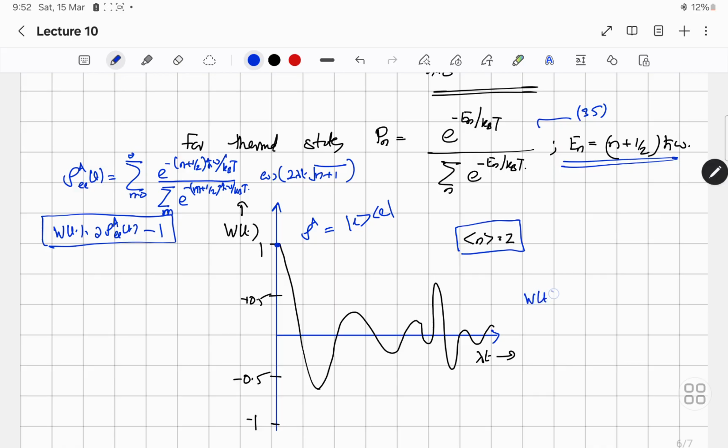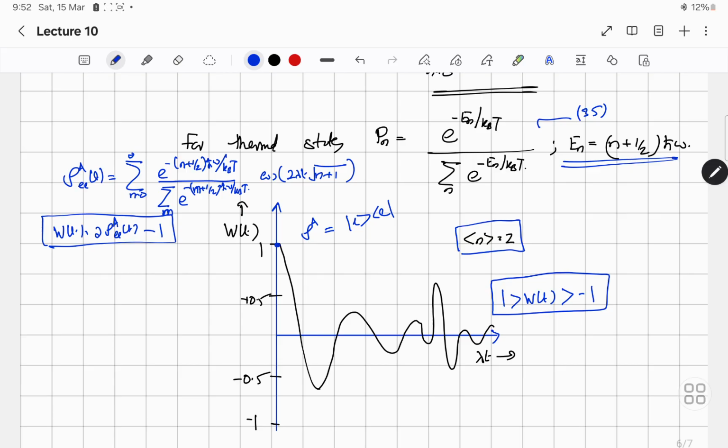If you look at this expression, W of t is always between 1 and minus 1.